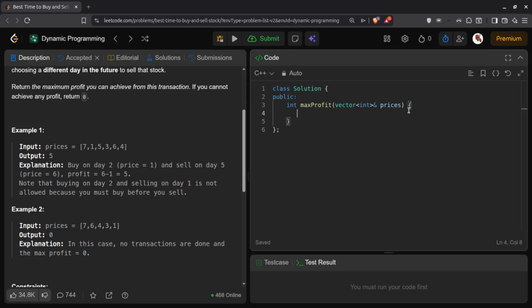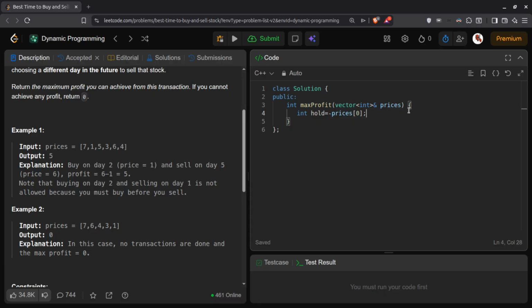Let's see, int hold is equal to minus prices[0]. What I am doing over here, as you can see, is putting a minus before prices at index 0. Why? Because the stock which you have bought, which you are holding, is negative, because you have bought it and didn't make any money from it.